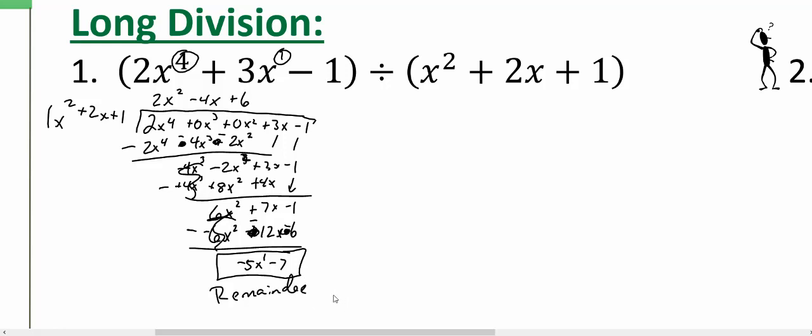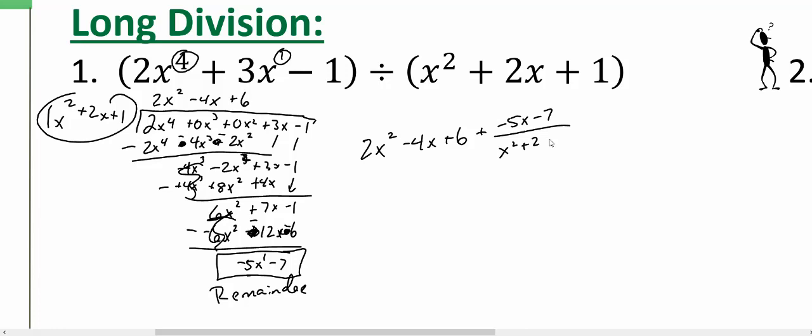Here is how I write it. I take what's on top: 2x squared minus 4x plus 6. Then I take the remainder. Really what I'm doing is adding the remainder, negative 5x minus 7, over what I was dividing by, x squared plus 2x plus 1.